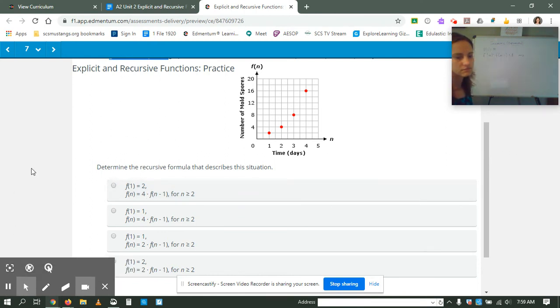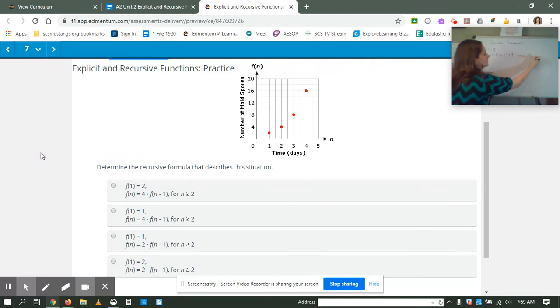So there's the definition, and now all we need to do is find values to go in for that. We need to know what the A value is, that initial value. We also need to know what goes in for the value in front and for D right there, the common difference.